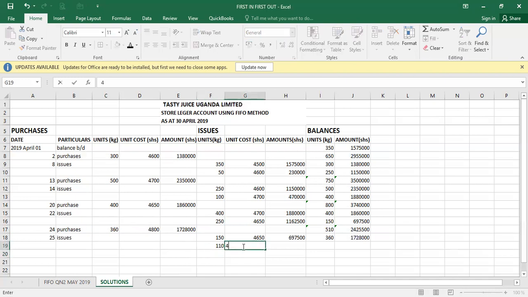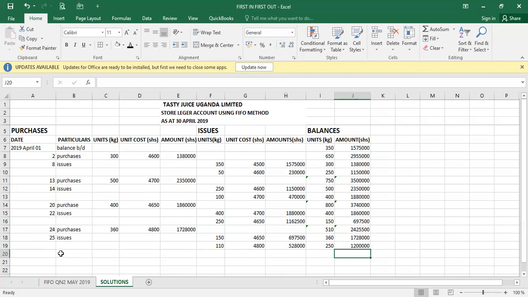It will be valued at 4,800. We cost this, multiply by this, enter. Then we can also adjust our units, because we are reducing the number of units. When we reduce, we have also to reduce the cost. We remain with the actual cost of the goods that are still available in the store.